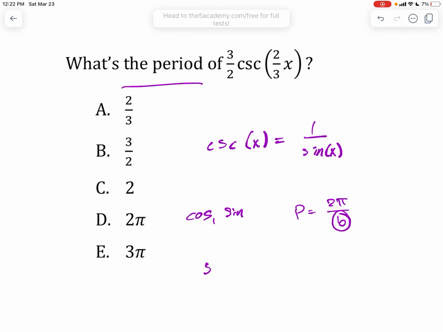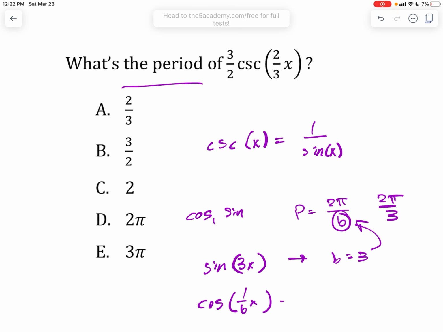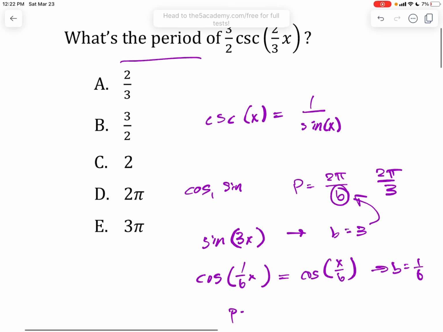So if you have sine of 3x, b equals 3, and you'd plug that in here, you'd get a period of 2 pi over 3. If you have cosine of 1 over 6x, that's equal to cosine of x over 6, your b is equal to 1 over 6, so your period is equal to 2 pi divided by 1 over 6, which is equal to 2 pi times 6, which is equal to 12 pi.